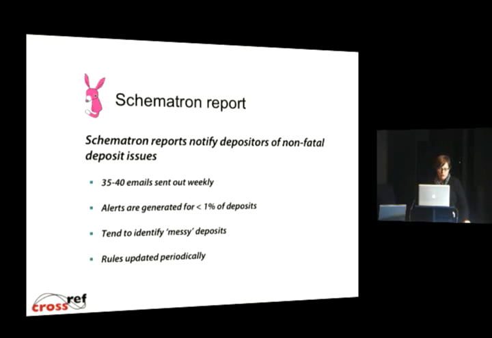So we do a post-deposit review of metadata and pick out items that we think might be incorrect. These are sent out on Saturday, and we only send out an average of 45 reports a week. That's a really tiny amount, considering we have thousands of members, but it's actually really effective. Members are very responsive when they get a schematron alert.